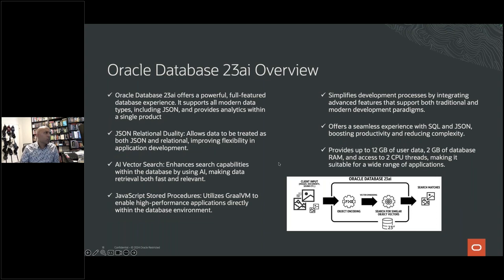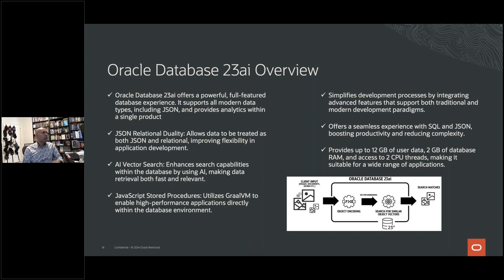I just want to go over the Oracle Database 23 AI overview, because we are actually using it for our object encoding. We are using it for encoding, and we are also using its search capabilities. It was announced a few days ago, I think on Monday or Friday, I'm not sure.